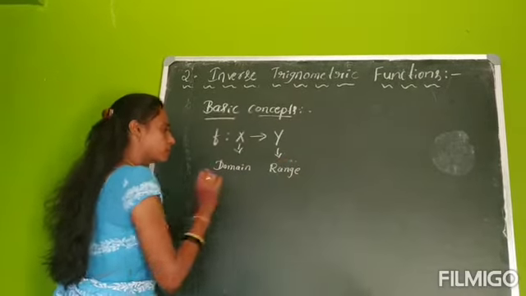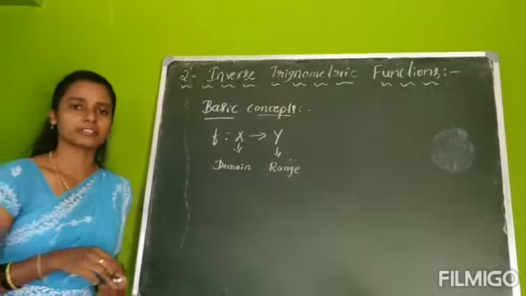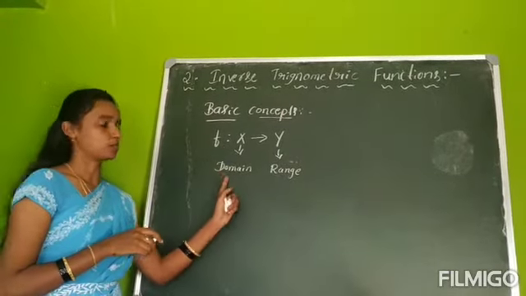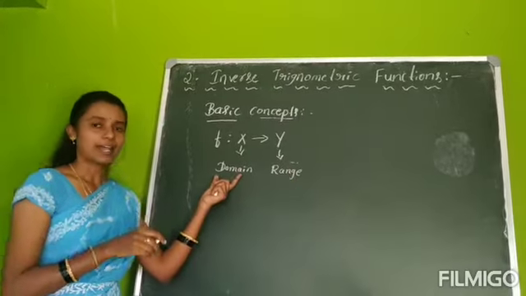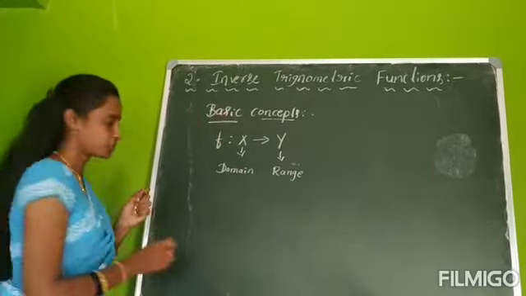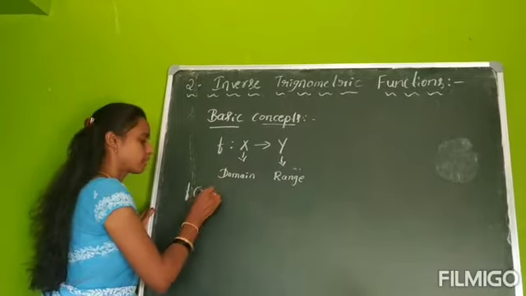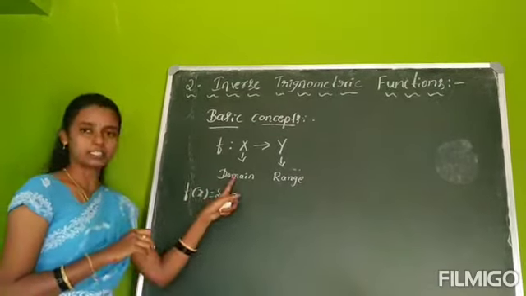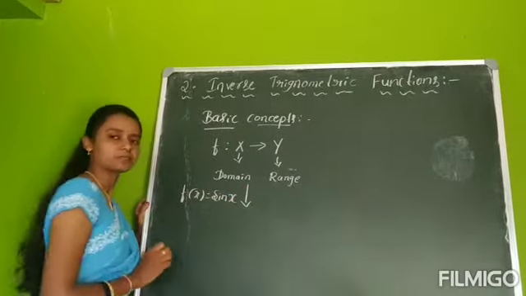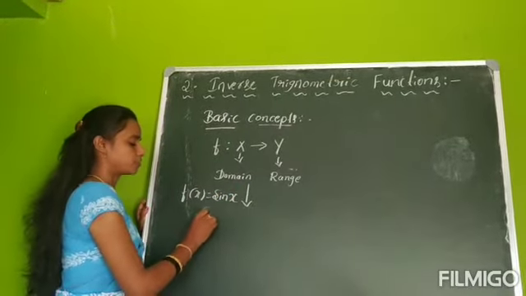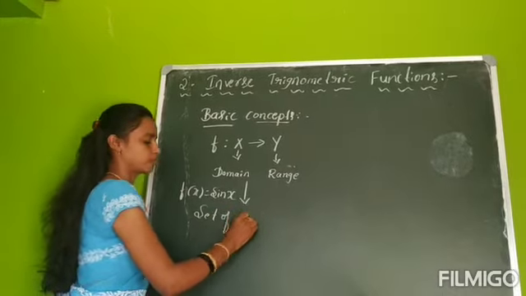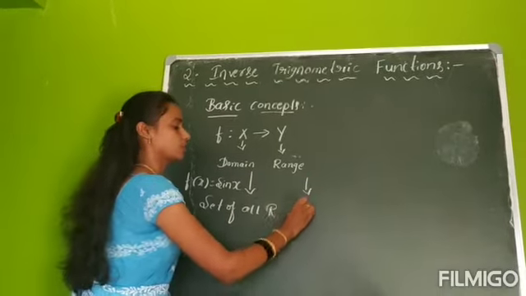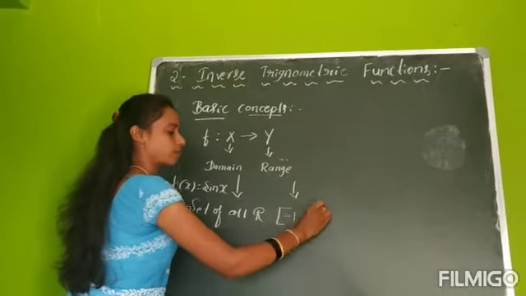Hope you remember these two concepts, domain and range, we studied in our first PU. This function maps from domain to range, and I'll restrict it to one function, that is sine. Now for this sin x, the domain is the set of all real numbers, whereas the range is the closed interval minus 1 to 1.